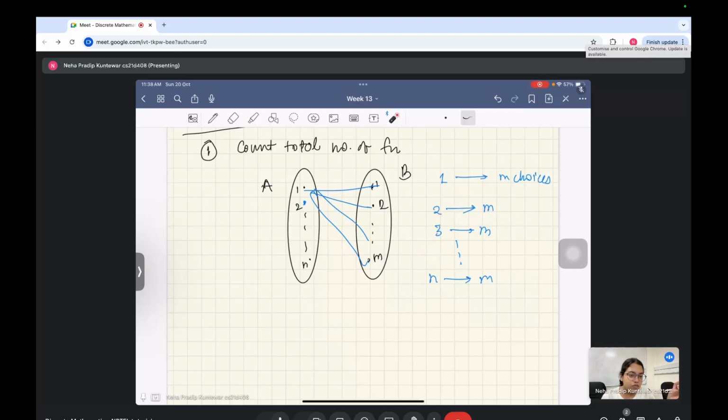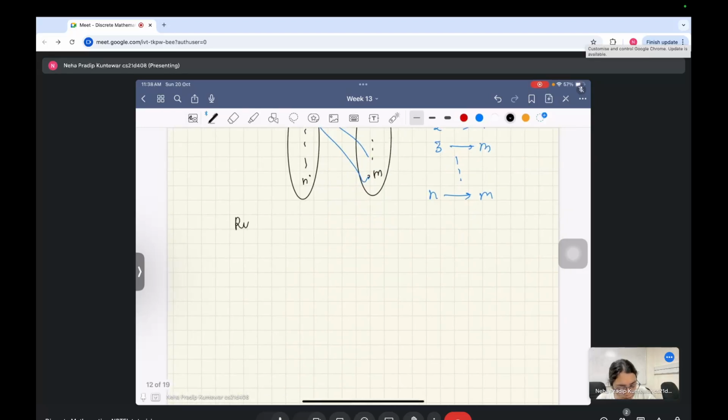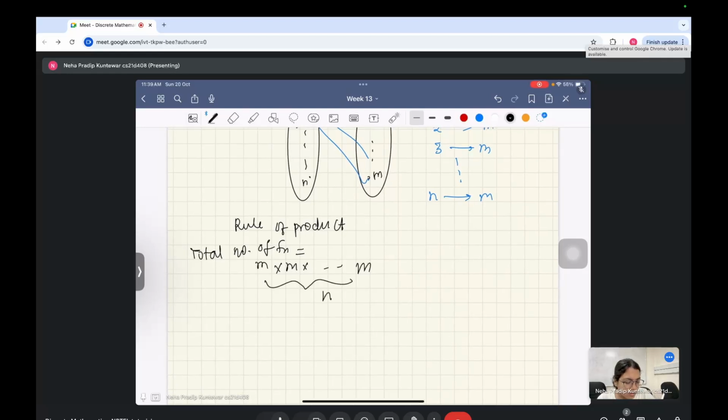So therefore we will apply the rule of product here, and that tells you that you should be multiplying all these quantities. So the total number of functions would be m into m into m, and so on. And how many elements are there? There are n elements, so this would be m to the n.